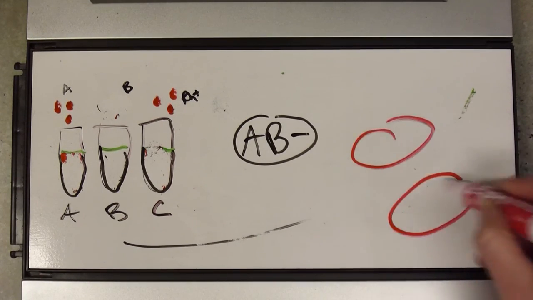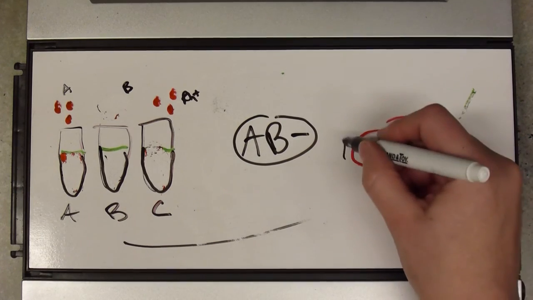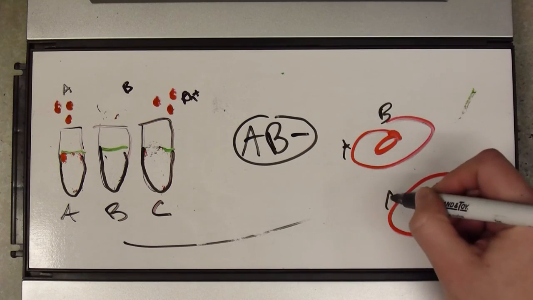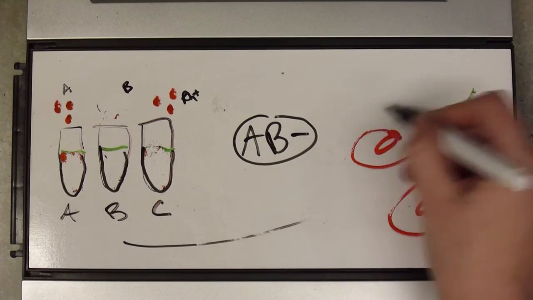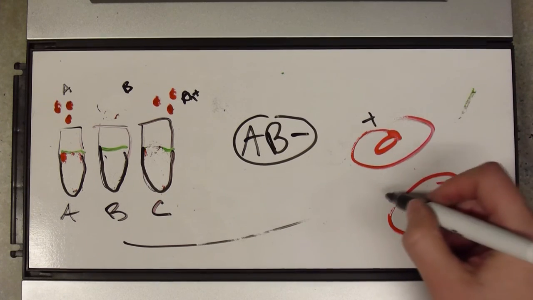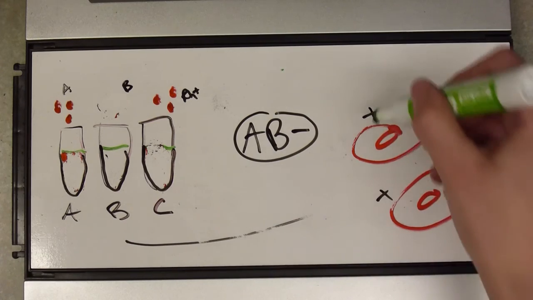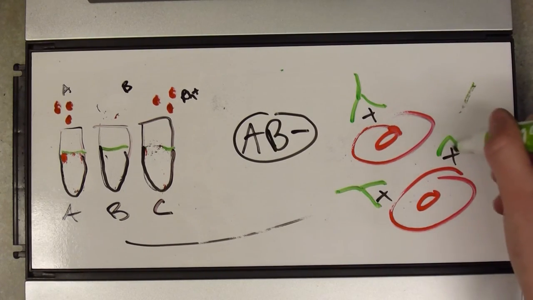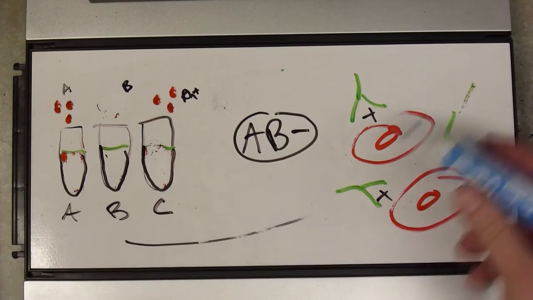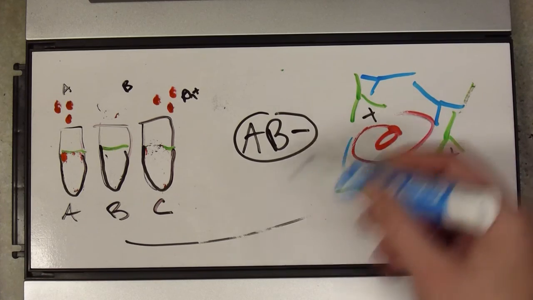But since the red cells are negative for the RH antigen, all they have is A and B. Oh, sorry. This is the person's red blood cells, but we're going to add in the donor cells that are positive for the RH antigen. The person's plasma does have anti-RH in it, so those are going to bind, and then our anti-human globulin is going to bind and start cross-linking the cells.